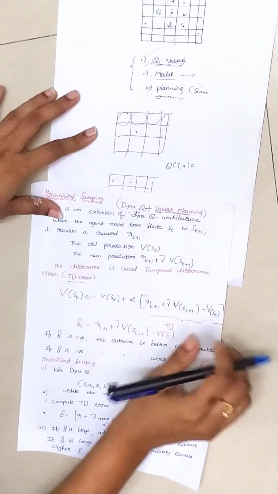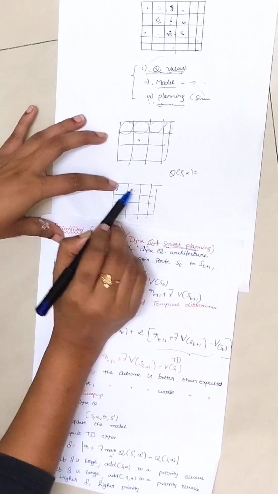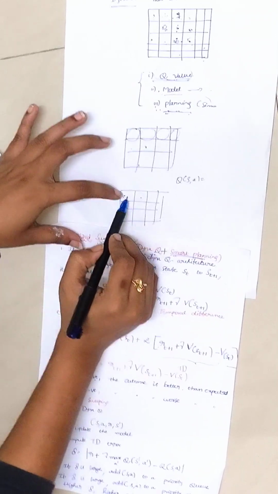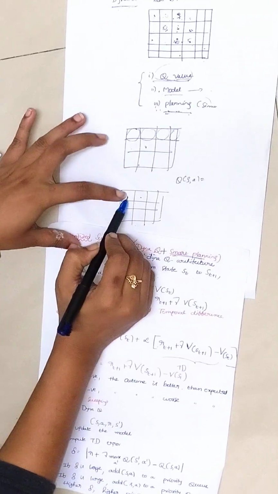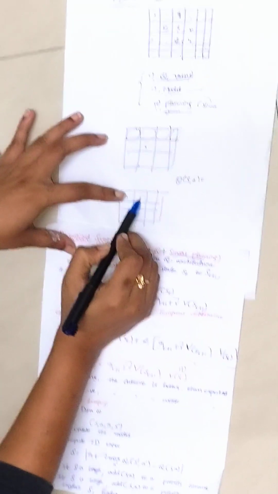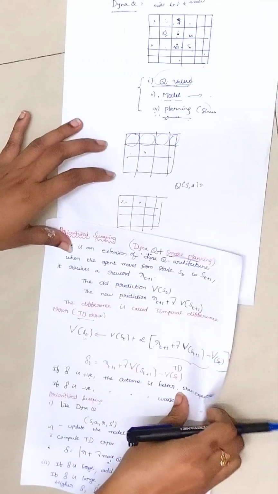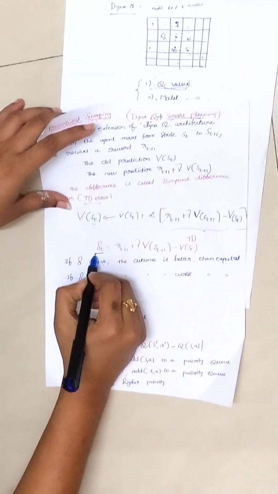Suppose I have calculated some Q value. I am predicting this might be the Q value in the next state. I subtract the predicted Q value from the actual Q value and check this temporal difference value.